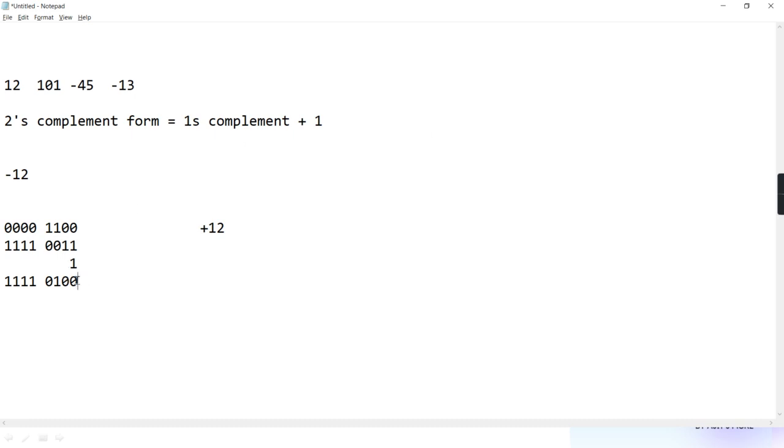You are adding 1 with 1, 0, carry 1. 1 plus 1 becomes what? 0, carry 1. Now 1 and 1, 0, carry 1. And 1 plus 0 is 1, and the remaining remains as it is. Is this your actual minus 12? Yes. So this is your plus 12 and this is minus 12 in computer's memory. And you can recognize it from this sign bit. Is this last bit called a sign bit?